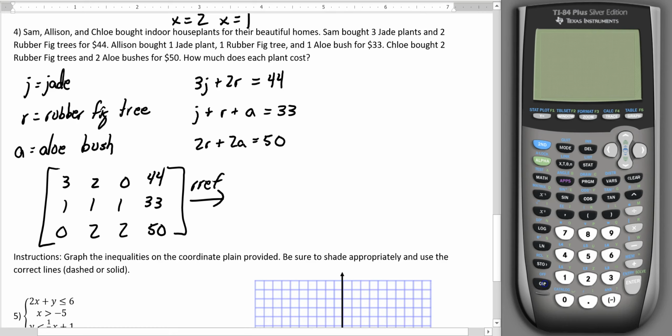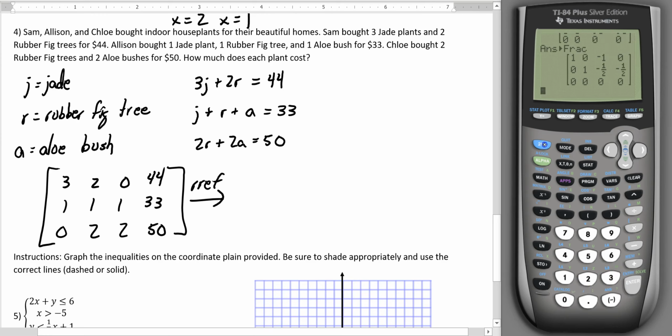So let's type this into our calculator. So second matrix, let's edit this 3 by 4. So 3, 2, 0, and 44. And then 1, 1, 1, and 33. And 0, 2, 2, and 50.